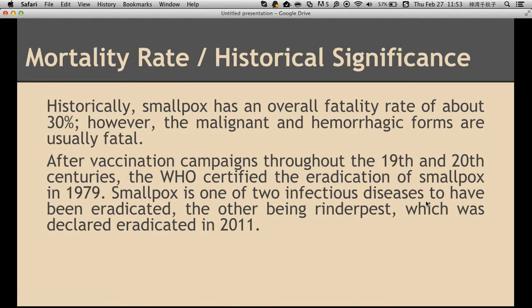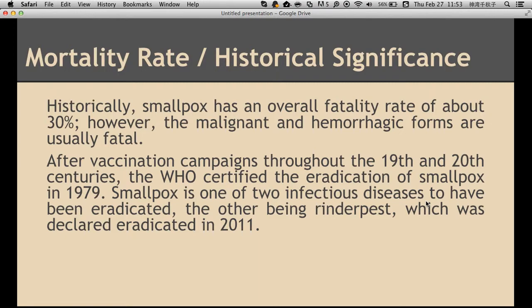So then we talk about the mortality rate. Historically, smallpox has an overall fatality rate of about 30%. However, the malignant and hemorrhagic forms are usually very fatal.